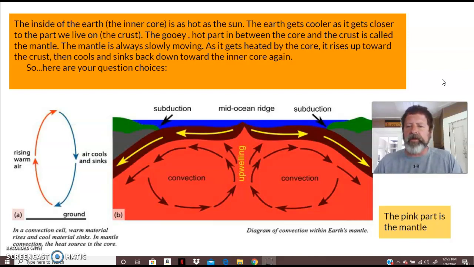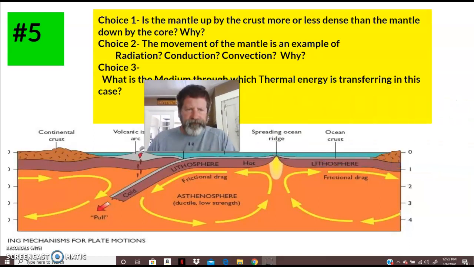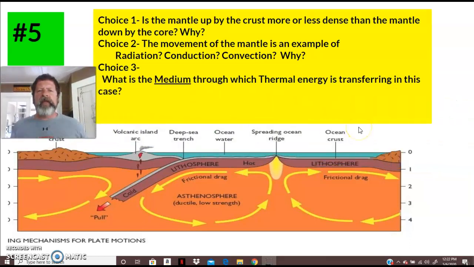So here are the questions I'm going to ask you on this next slide. Choice 1. Is the mantle up by the crust more or less dense than the mantle down by the core? And why would that be? Choice 2, the movement of the mantle is an example of radiation, conduction, or convection?